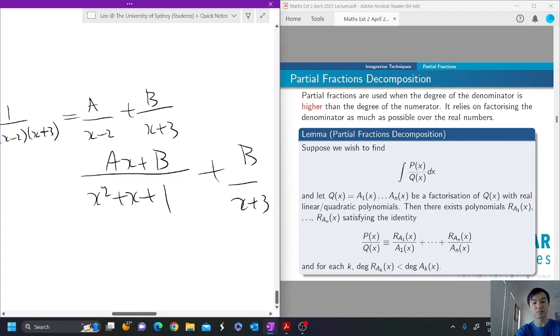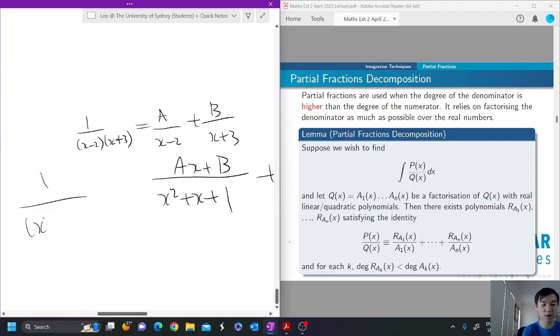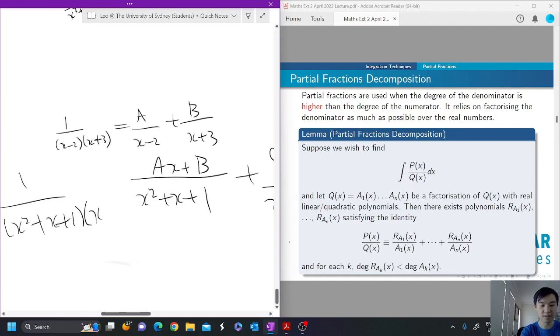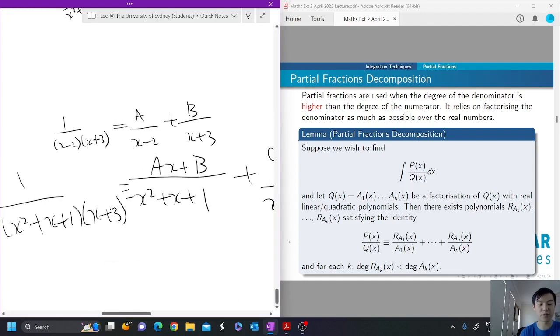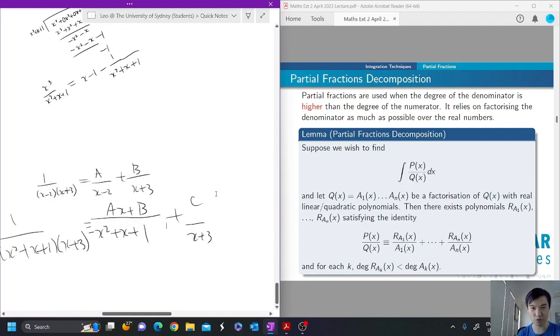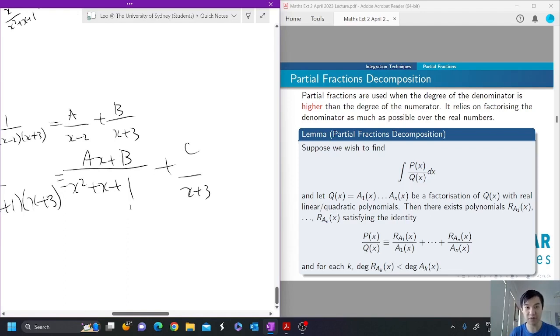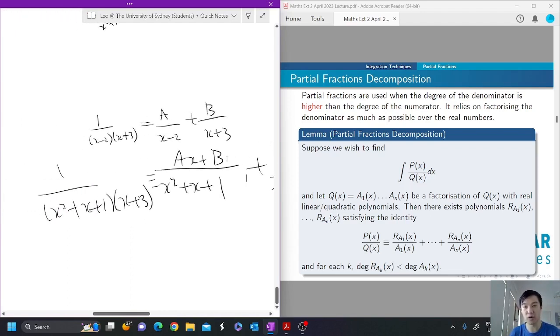So if you had 1 over x squared plus x plus 1 times x plus 3 or something like that, you could rewrite this as a sum of two simpler fractions. This is the gist of partial fractions: you split a complicated fraction into a sum of simpler fractions where each denominator of the new fractions is a factor of the original complicated fraction.